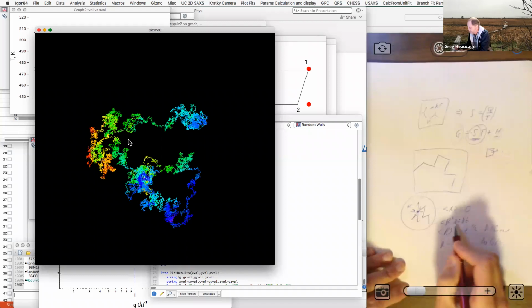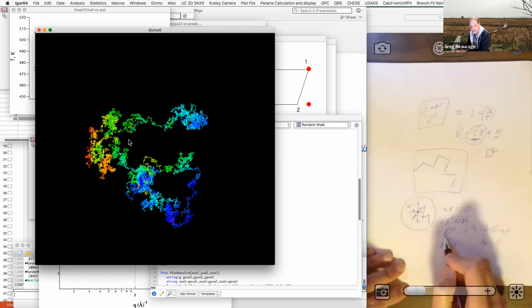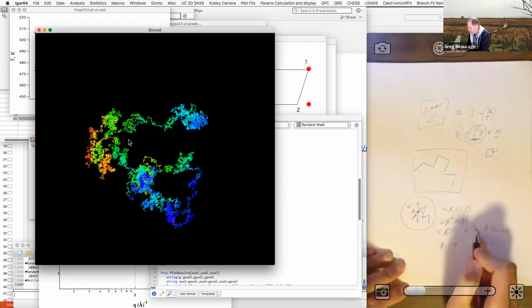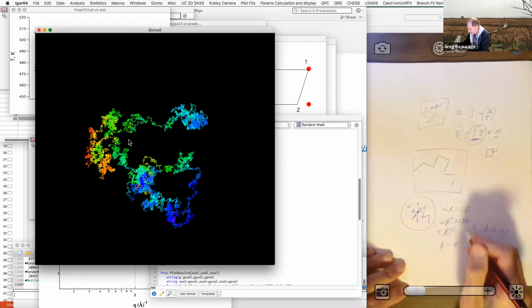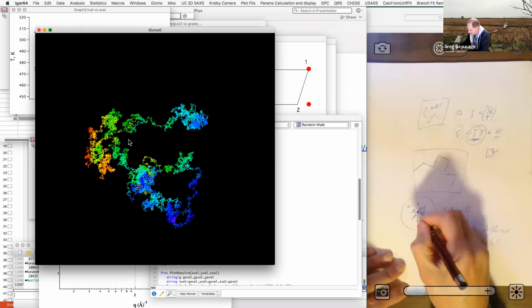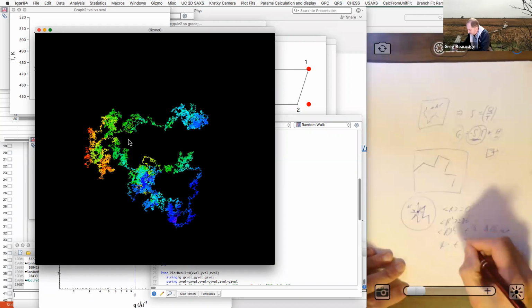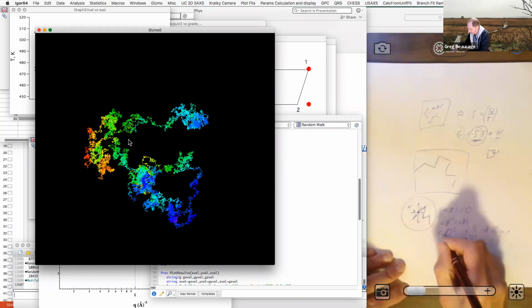So the first even moment would be the root mean squared position, which by diffusion goes with time to the 1/2. And since we're taking steps and each step is equal time, this would be the number of steps to the 1/2, kind of this average size.